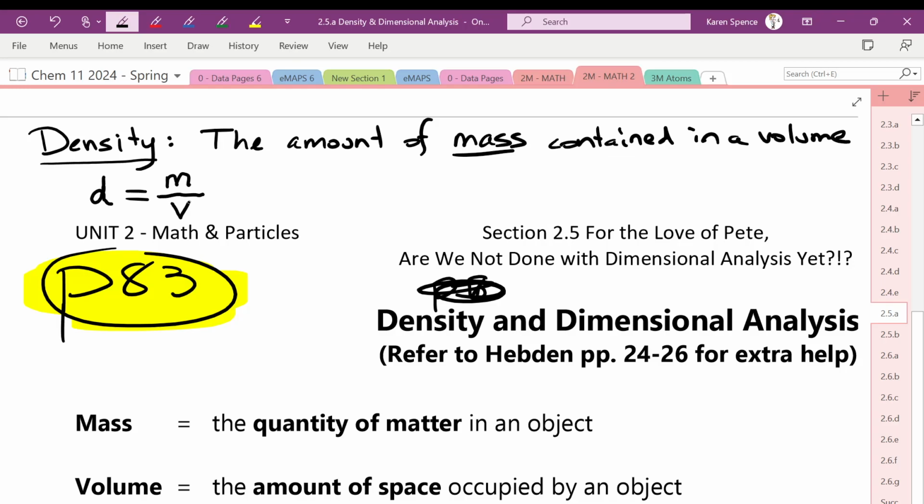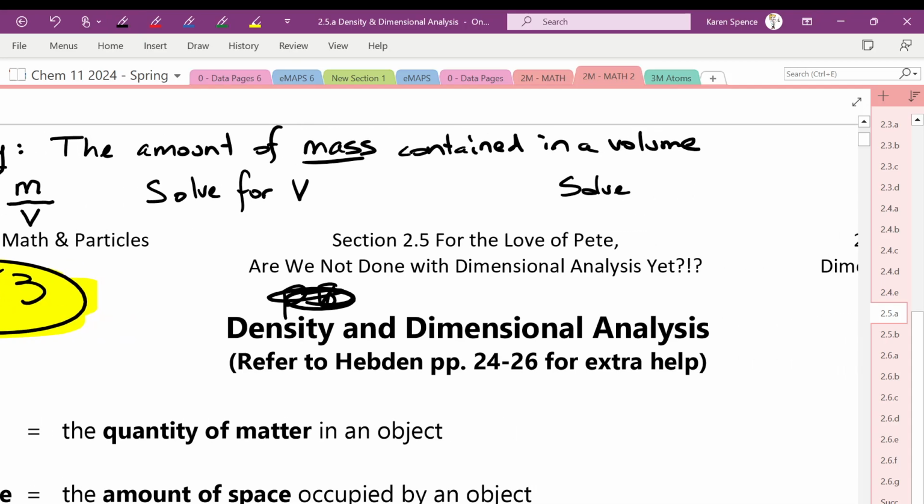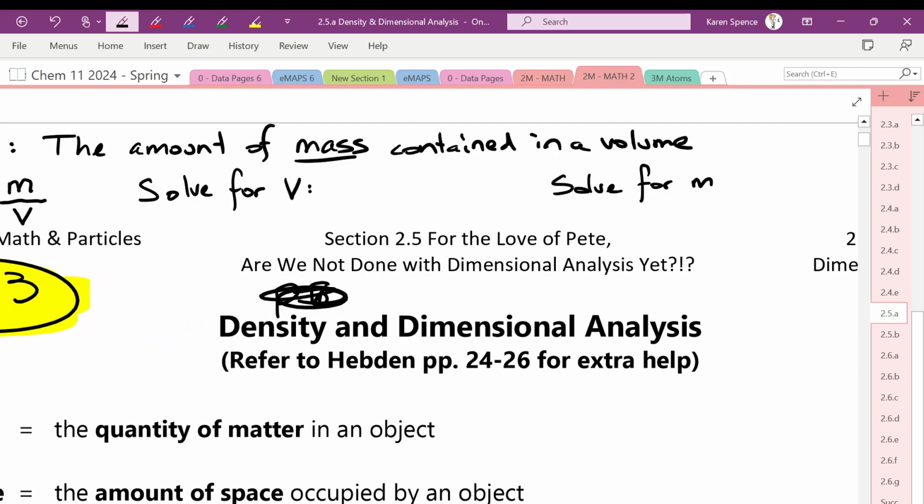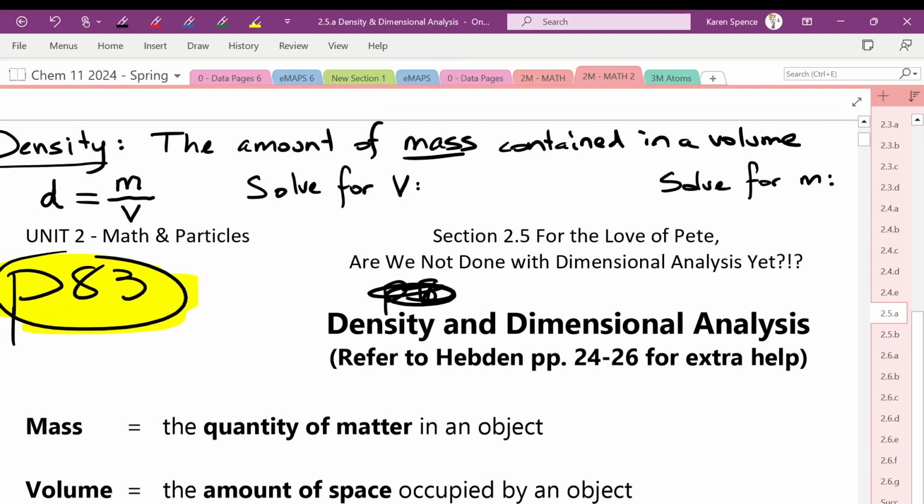Now, what I would like you to do is see if you can do the algebra around solving that for M and solving it for V. Have we solved for V?